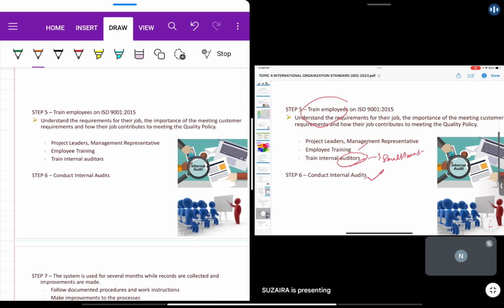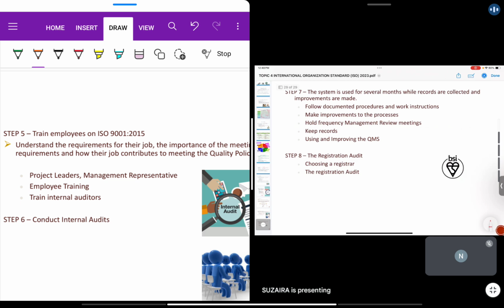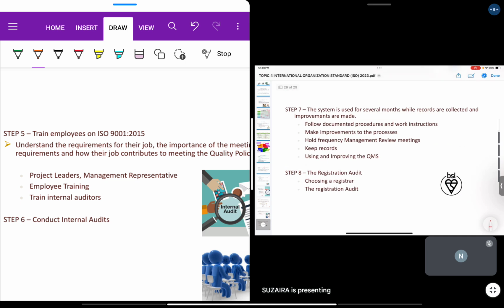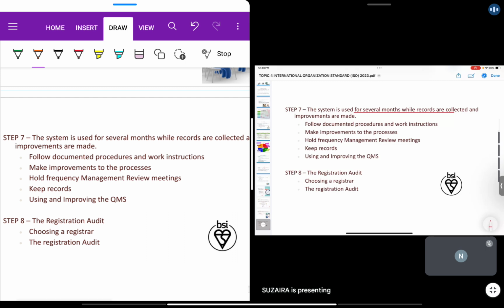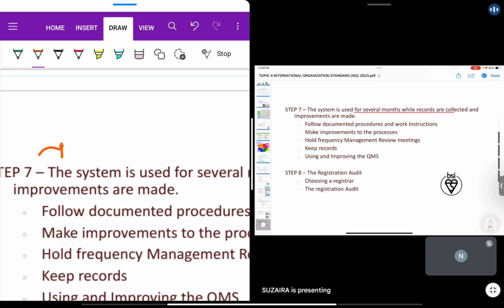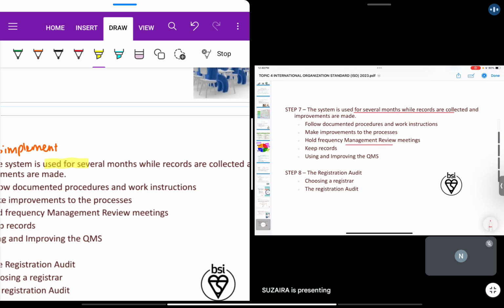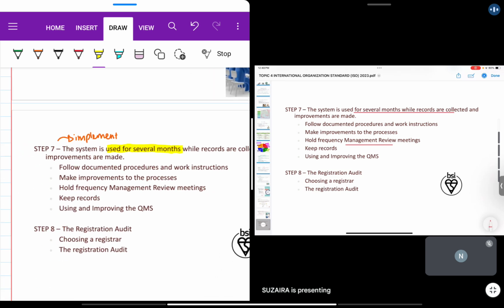You conduct an internal audit using the small team members, and you also implement for a couple of months, and then from there you can always make improvements towards the current process. You need to hold a meeting or review to know what other improvements we can make in order to improve the company.